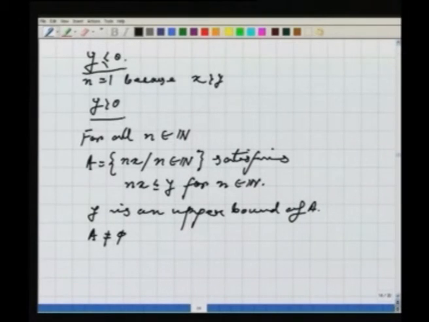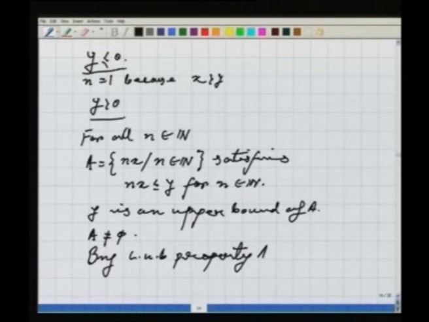Then by the least upper bound property, A must have a supremum. By LUB property, equivalently the completeness axiom, A has a supremum.